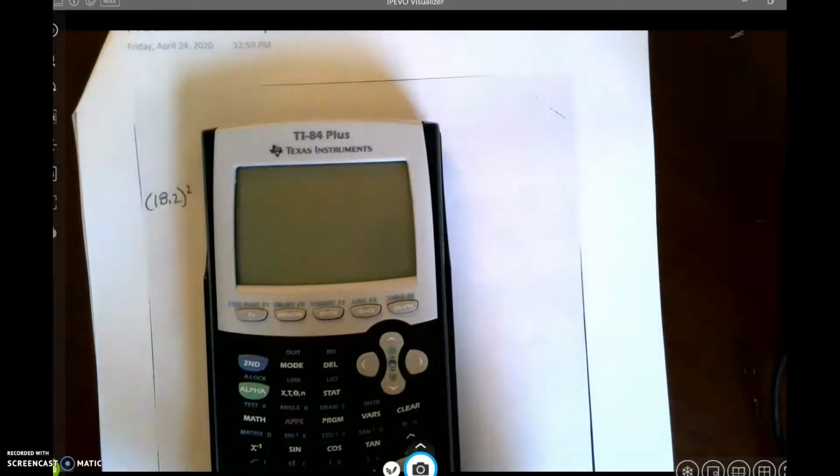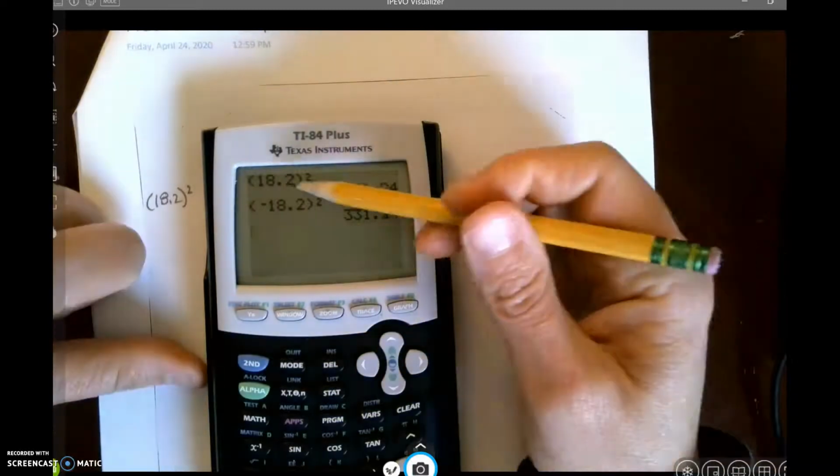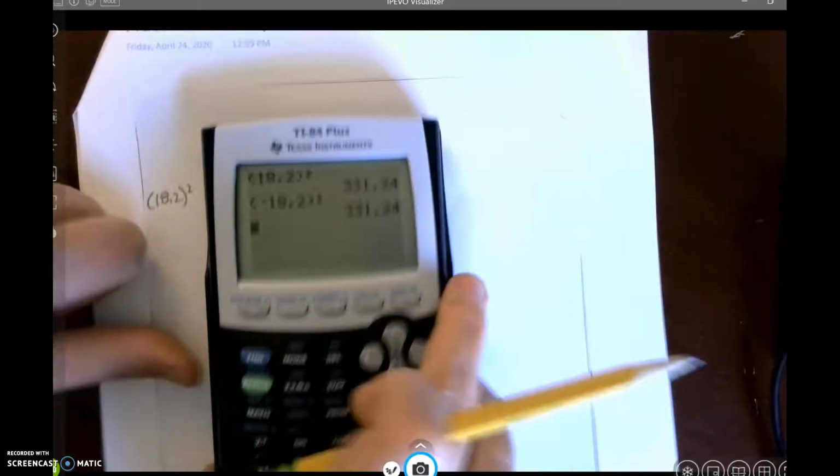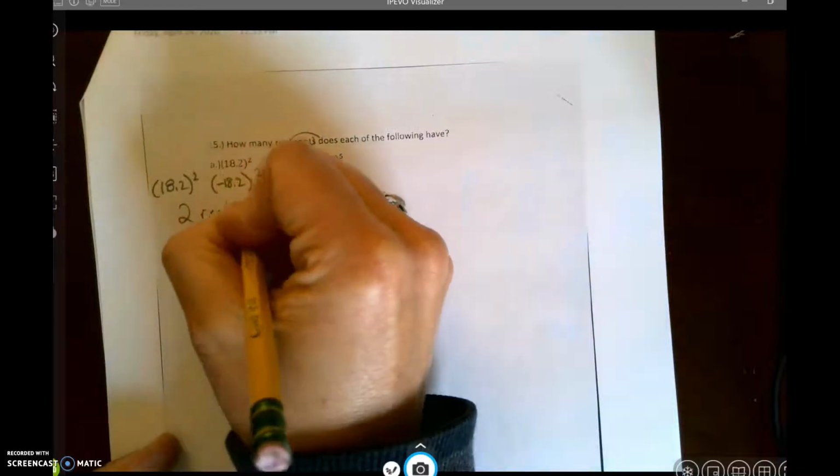I hope you know this, but I'll show it to you just in case you don't. 18.2, if we square it, and then negative 18.2, if we square it, we get the same thing. So this or this can be the root. So this has 2 real roots.